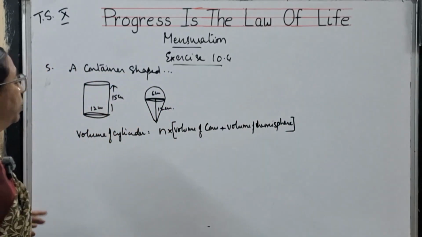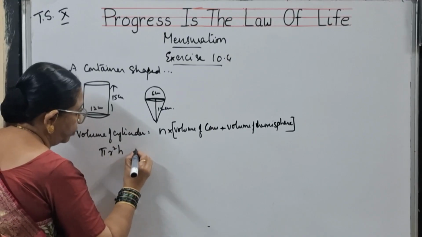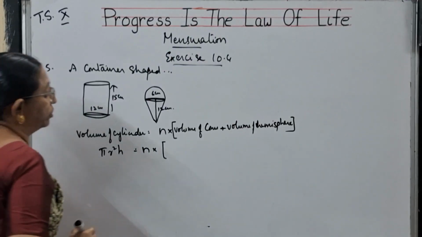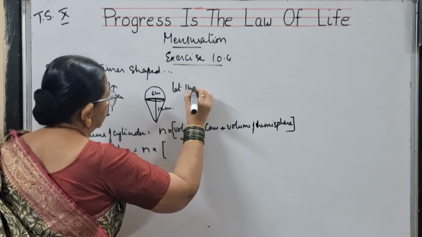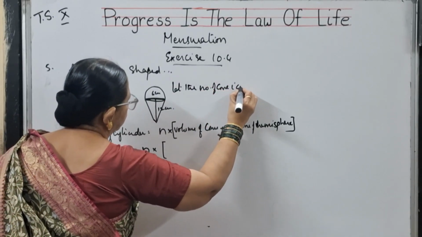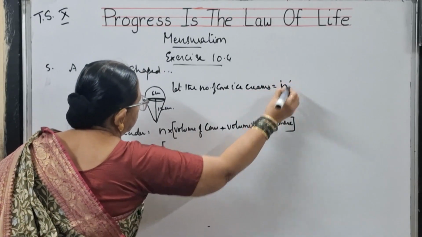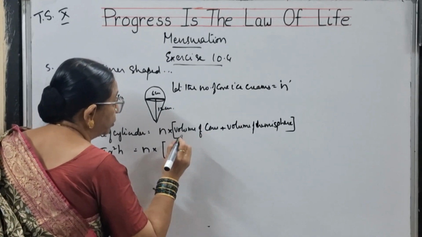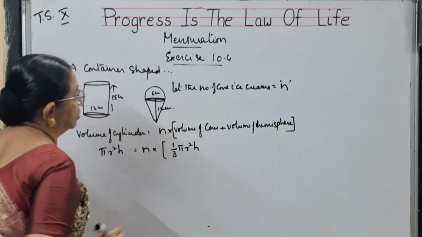Volume of cylinder, pi r square h, is equal to n into, n is nothing but the number of cones that are possible. Let the number of cone ice creams be n. So n into volume of cone. Volume of cone is 1/3 pi r square h.